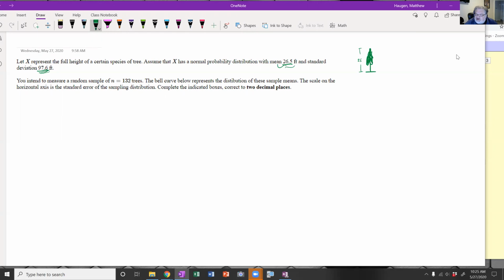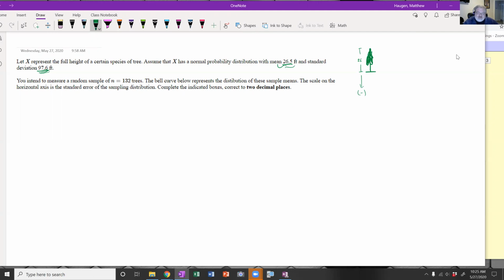So if we tried to go 3 standard deviations above and below, very quickly we're going to get into negative height on trees. Is that fair? And we shouldn't have negative height trees.